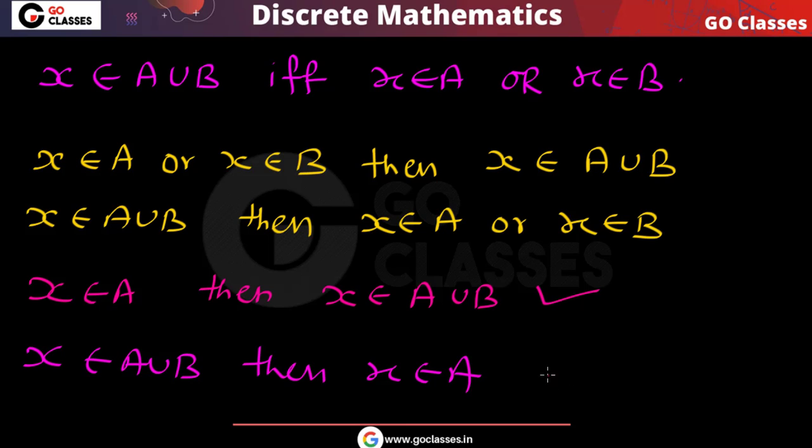No, this we cannot say because maybe x belongs to B. If x belongs to B, then also I can say x belongs to A union B. So if x belongs to A, then definitely x will belong to A union B. But if x belongs to A union B, then I cannot say that x belongs to A. If x belongs to A union B, then I can say that x belongs to A or x belongs to B.